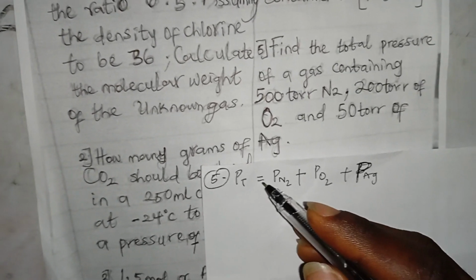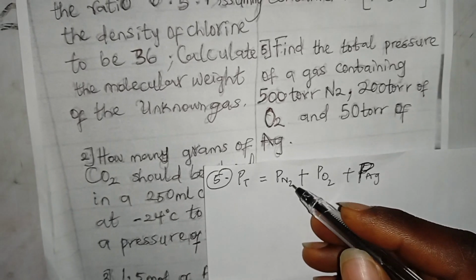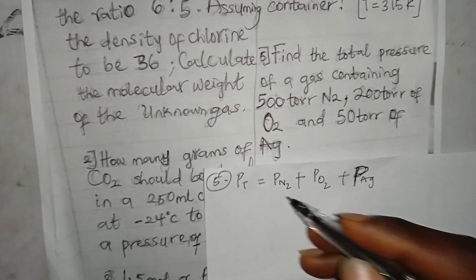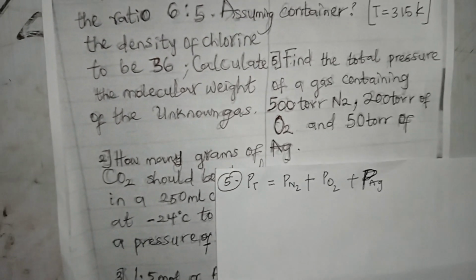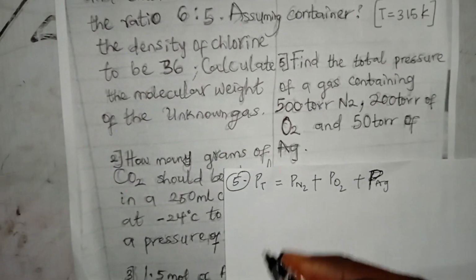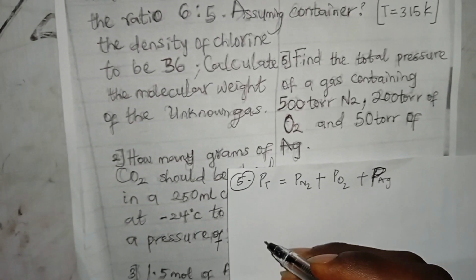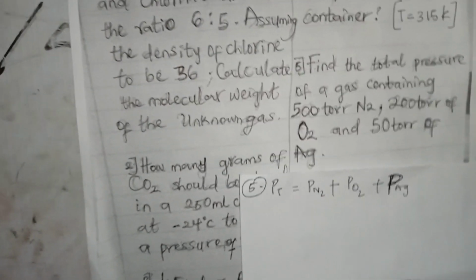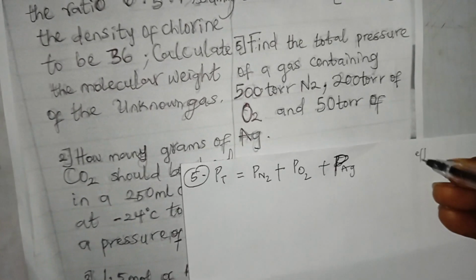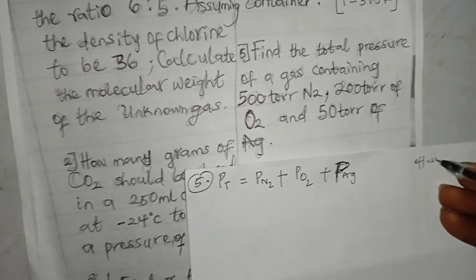Notice that most of the questions we've been solving so far are centered around the ideal gas equation and Graham's law of effusion. And Graham's law of effusion, what is effusion? See the spelling. Effusion, like this.